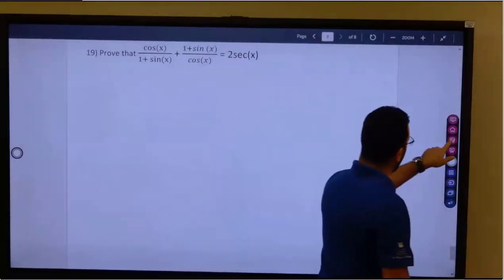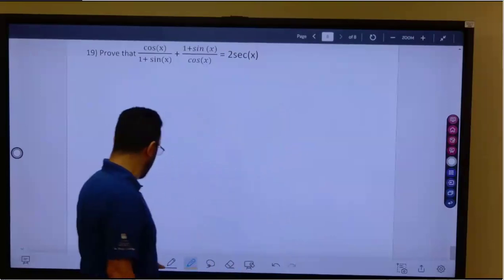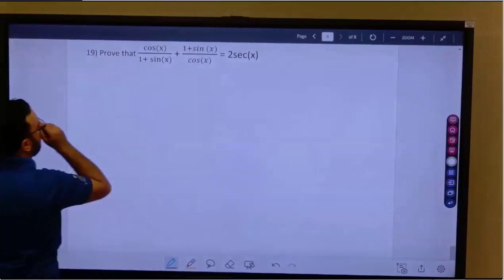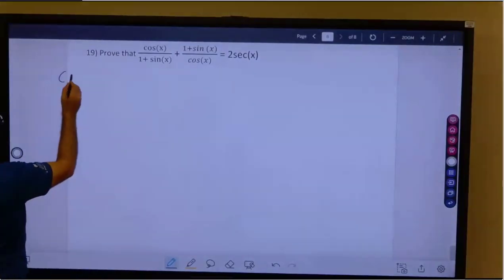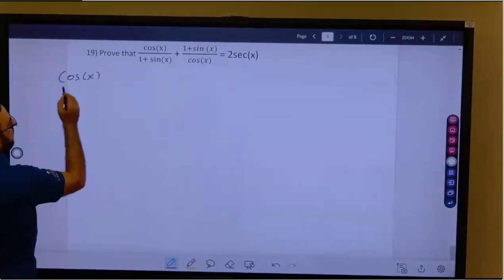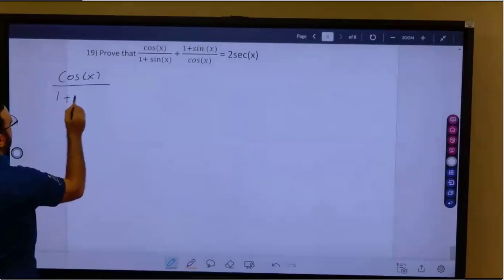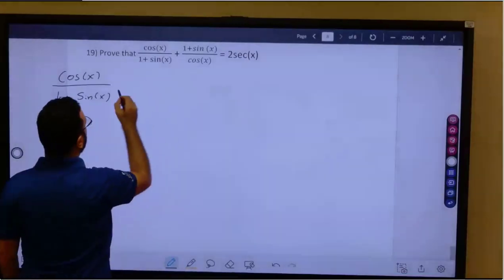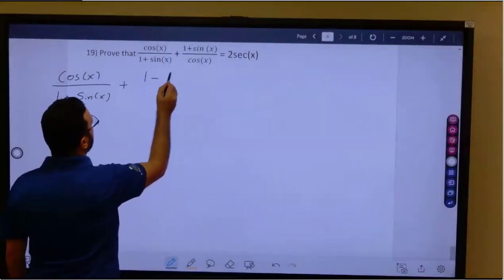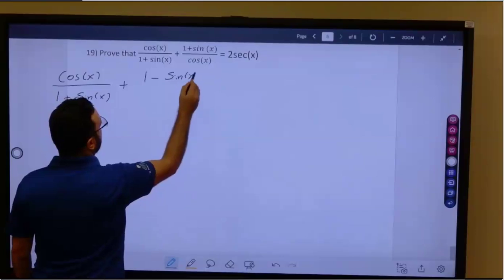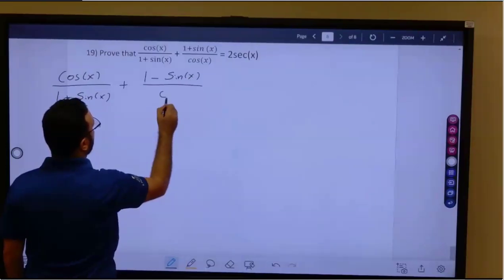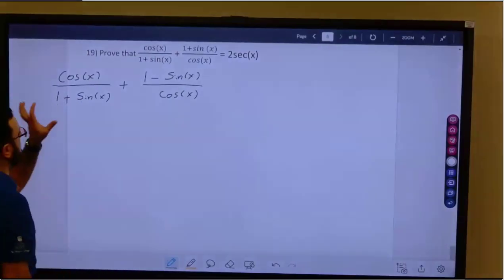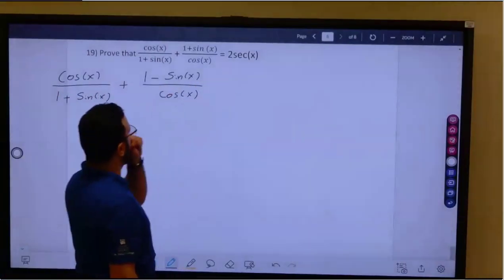Always, when they ask you to prove that, that means we need to prove this side equal to the other side. So I'm going to write down cosine x over 1 plus sine x plus 1 minus sine x over cosine x. I need to prove this side equal to secant x.